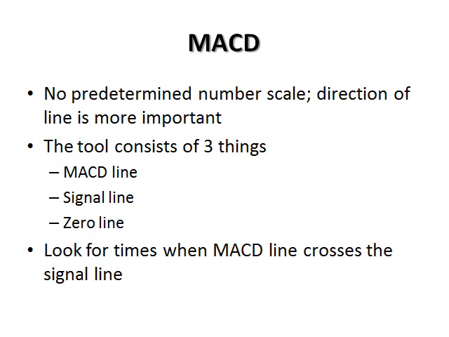There is the MACD line, a signal line, and a zero line. And oftentimes a histogram, which is basically a bar graph, is included in order to help you see the difference between the 2 lines, which can often be difficult depending on your viewpoint.